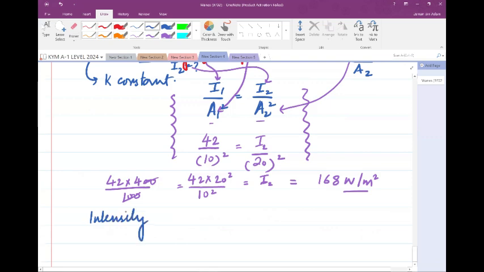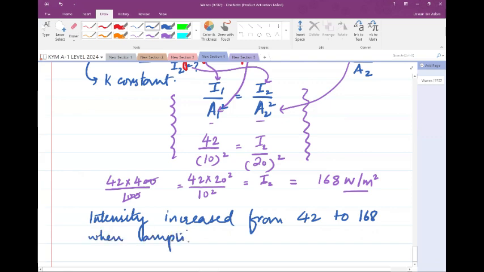Intensity increased from 42 to 168 when amplitude increased from 10 centimeter to 20 centimeter.